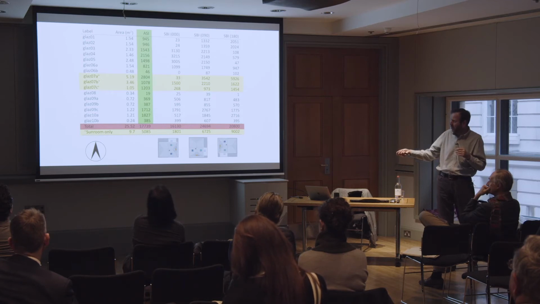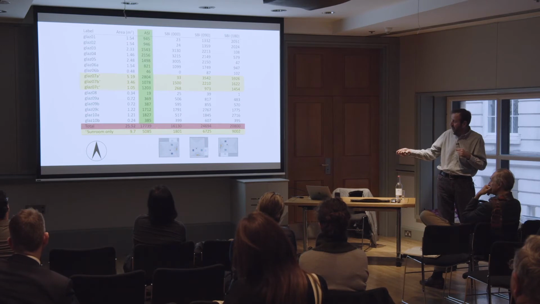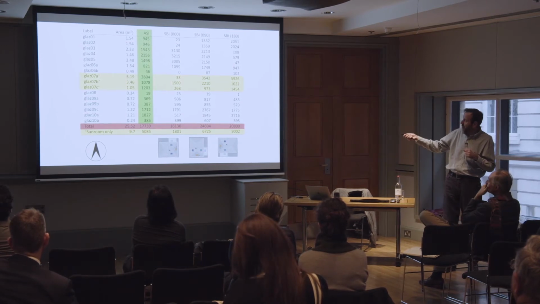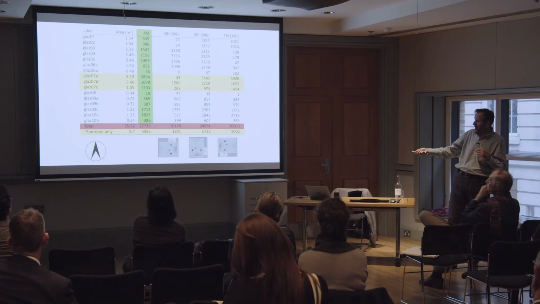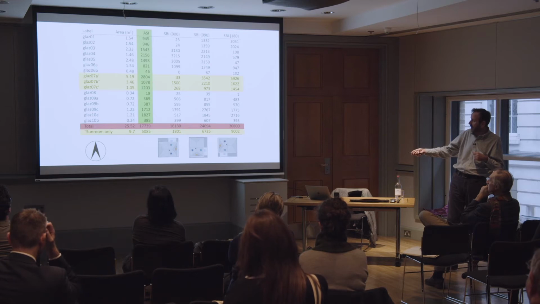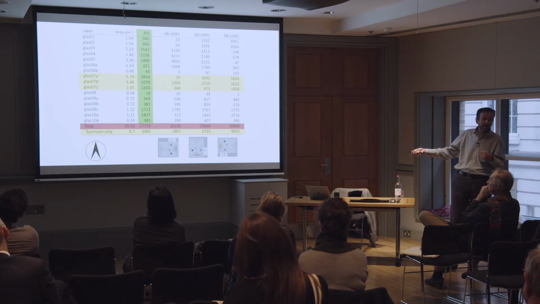The sunroom only is just below there. That's 5,000. So there are 5,000 of those accounted for by the sunroom. And I just put in 3 orientations for the house, so you can see the huge change in the sunlight beam index, but also the sunroom only part.